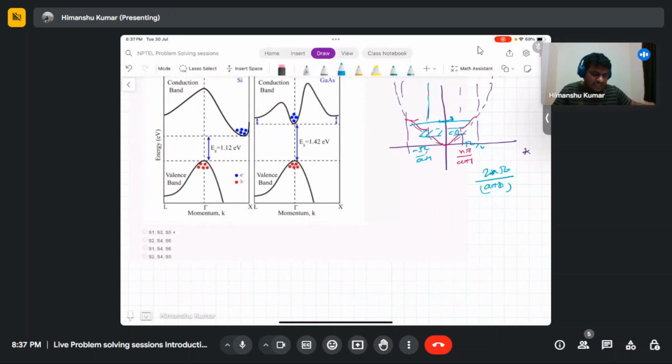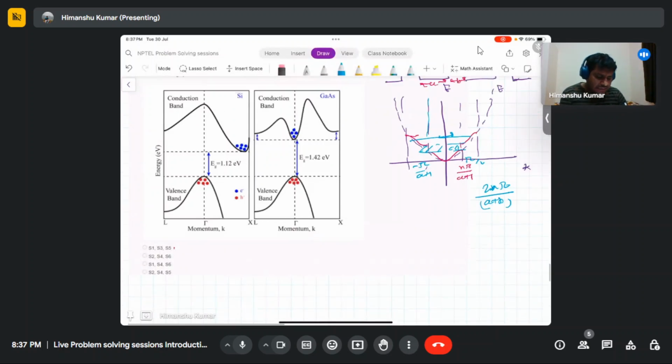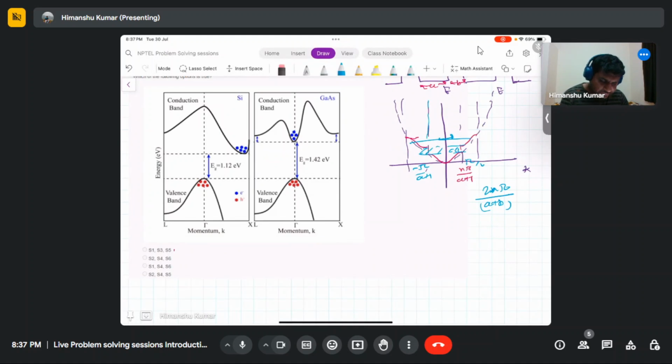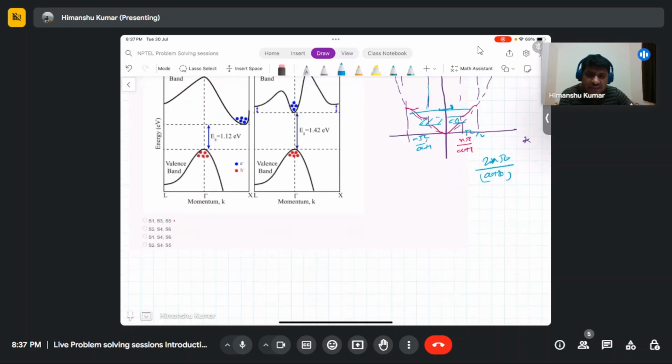But does this band diagram represent a real 3D crystal? What does it represent? Here, around this point it is symmetric, so you can represent the full picture with only half of the band.